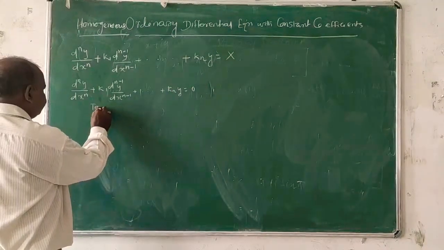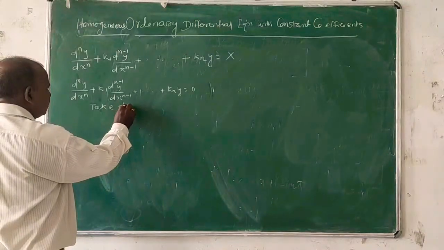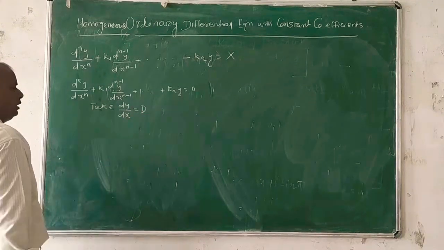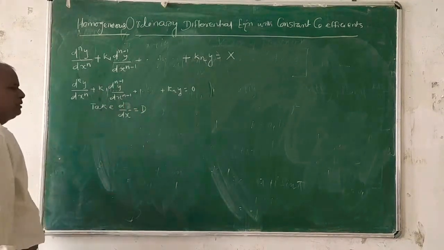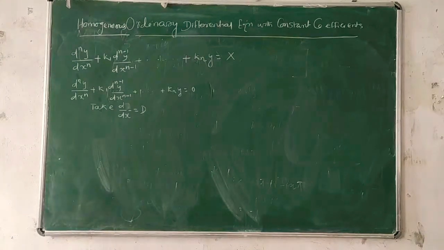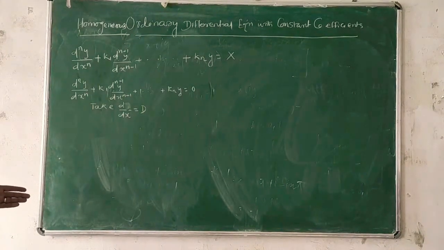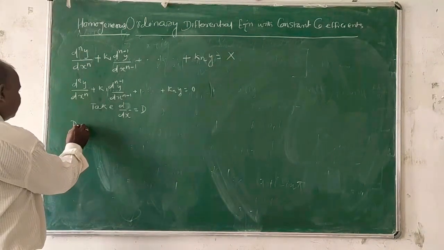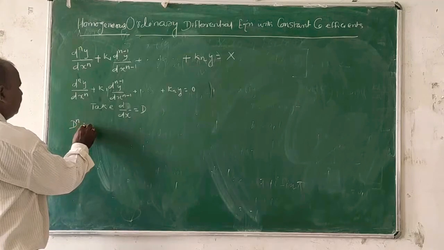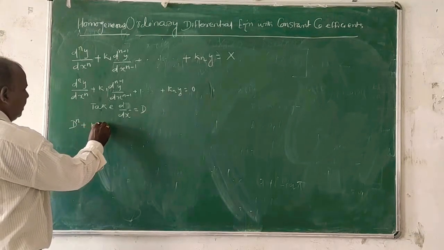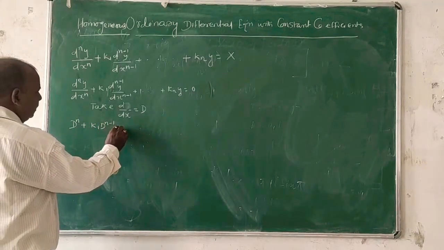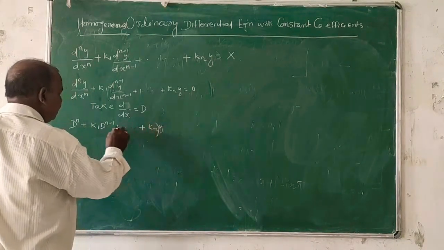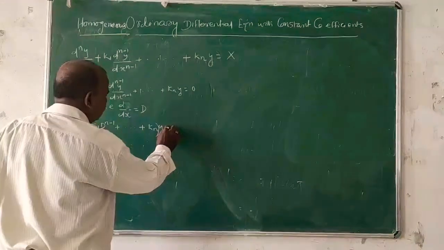Now you take d/dx as capital D. This is the operator form for this derivative, and let me write it in the operator form. You can write this as (D^n + k1 D^(n-1) + ... + kn) y = 0.